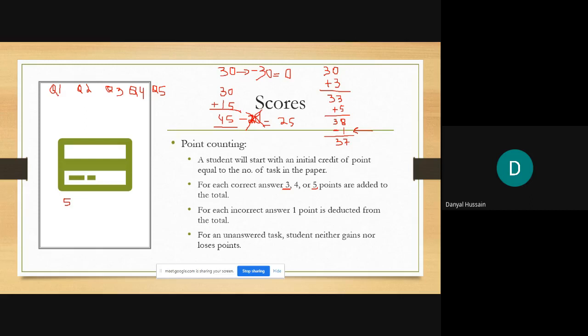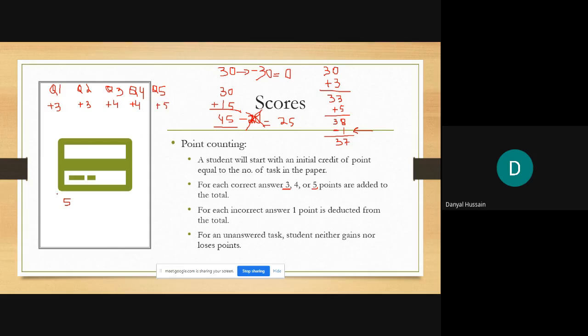If you mark the correct option for question number 1, you will get plus 3. If you mark question number 2 correctly, you will get plus 3 points again. If you mark question number 3 correctly, you will get 4 marks, and question number 4, 4 marks, and question number 5 will give you 5 points, right?